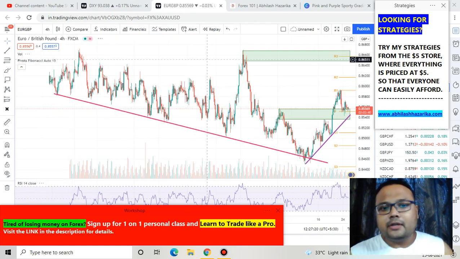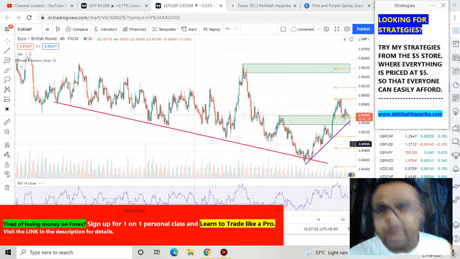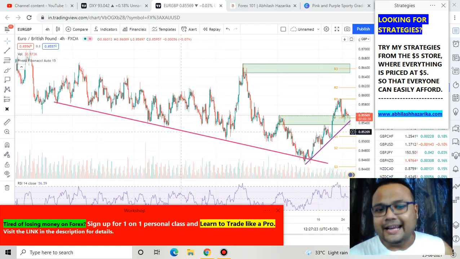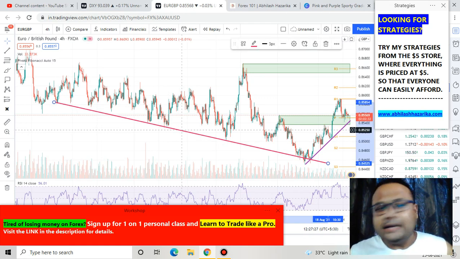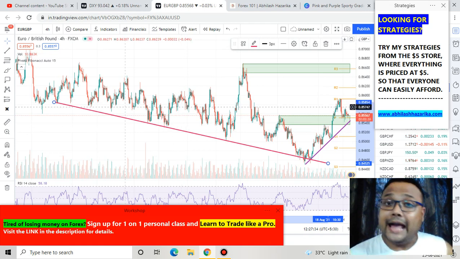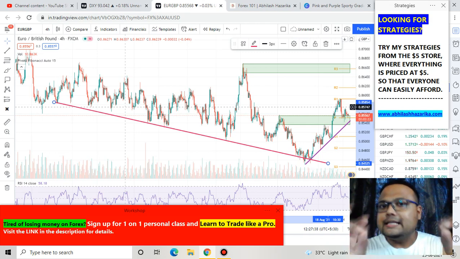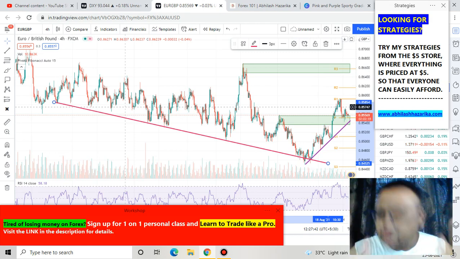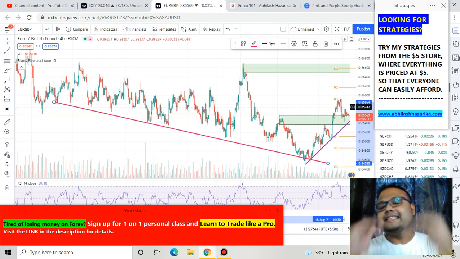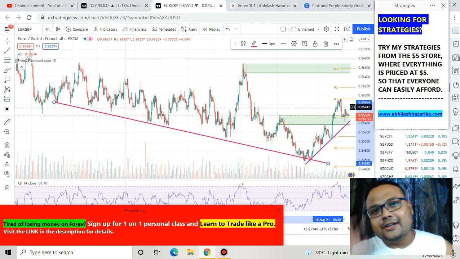First and foremost, let's talk about the most important line here, that is this trend line. It is the most important line because whenever price was coming down, this was the level that acted as a strong support for the market. Therefore there should not be any doubt that this line is a valid support.